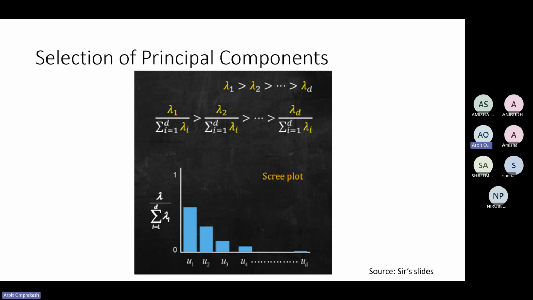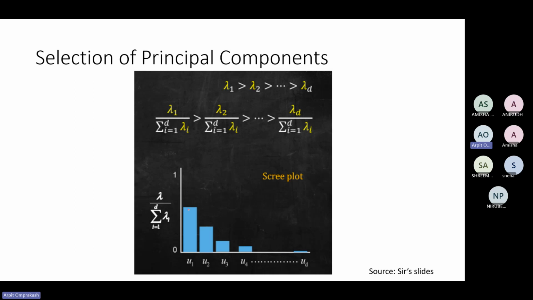So the variance explained by the first unit vector divided by the total variance, then the variance explained by the second unit vector divided by the total variance. This gives you the proportion of variance explained. On the y-axis, we have the proportion of variance explained, and on the x-axis, we have the unit vectors of our PCA, or the new dimensions.